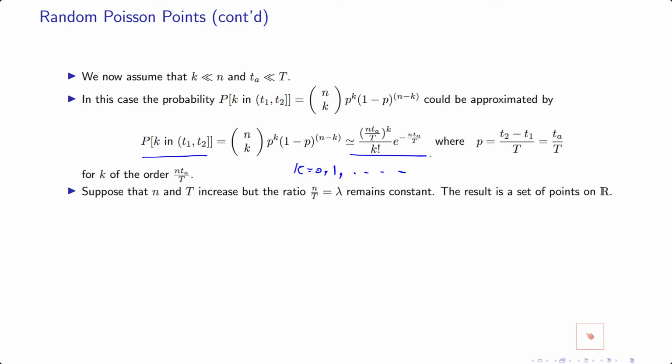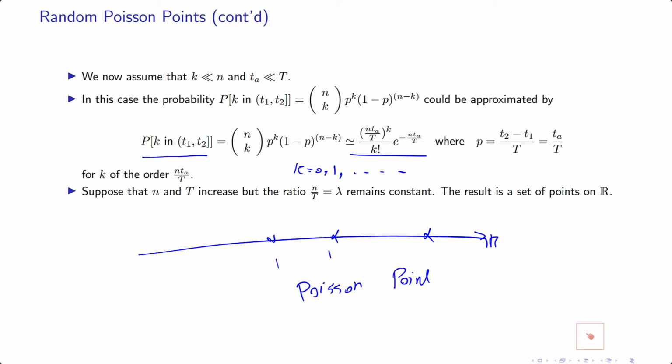The set of these points, the random locations, is called Poisson point process. We will learn about these when we start to talk about the stochastic processes. What are the behavior like distances between them and so on.